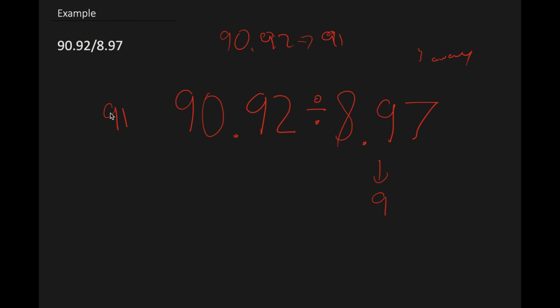So 91 is not an option. We're going to have to round that to 90, which might be a little off, but it makes it compatible. The only other option would be round this to 99. So, no, 90.